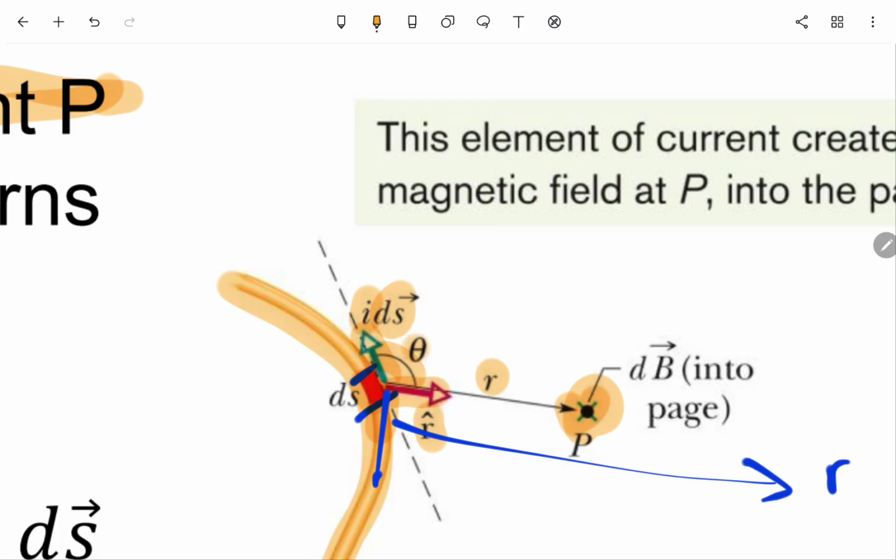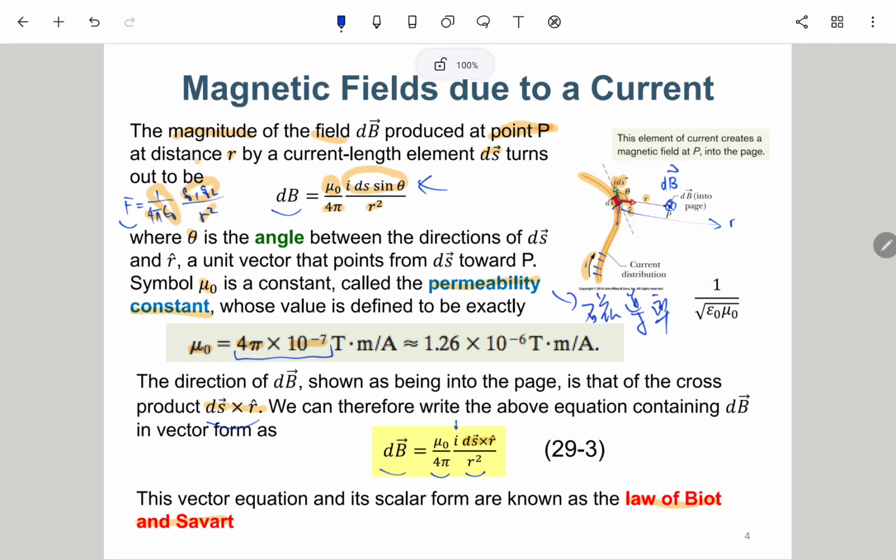So you cross it to the right side, your thumb is pointing into the page, which means that dB is pointing into the page. This is called the law of Biot-Savart. Just like other laws, we cannot prove it.